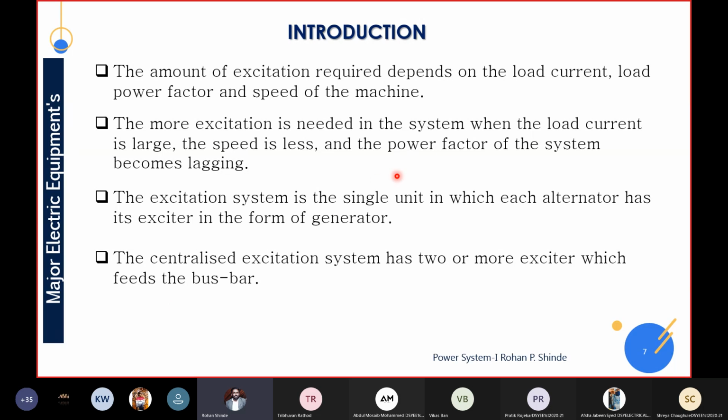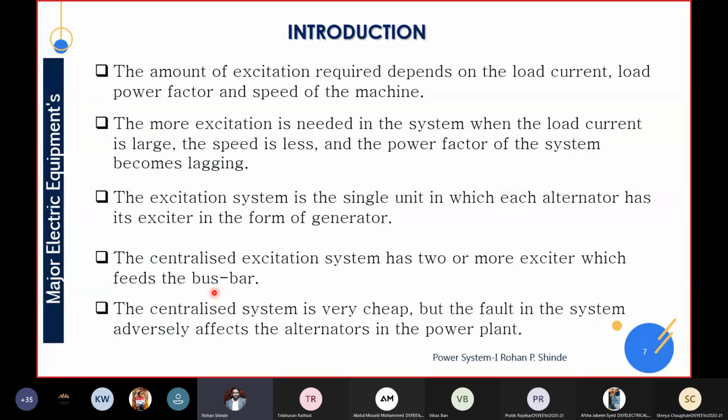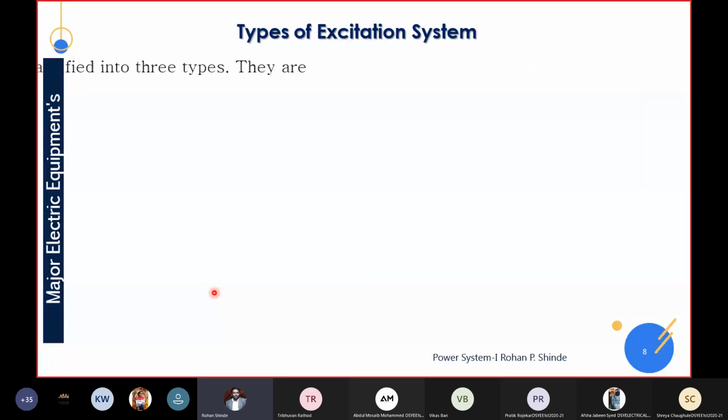That means whenever there is a single unit, the exciter is in the form of a generator, but whenever there is a centralized system, that means two or more alternators are connected with each other, then two or more exciters which feed the bus bar are used in such an excitation system. Okay, these things we have already seen.